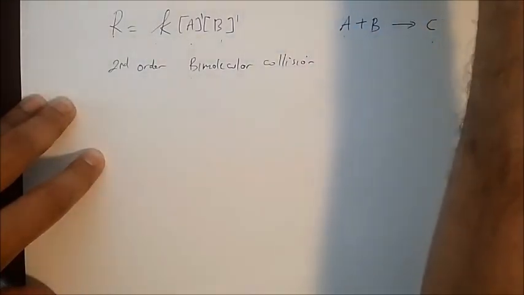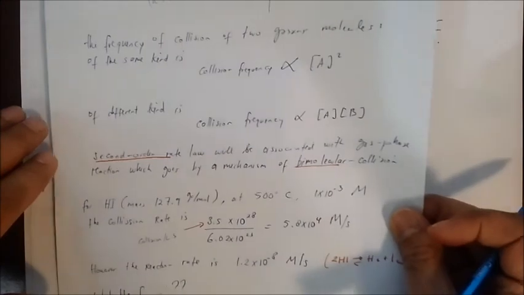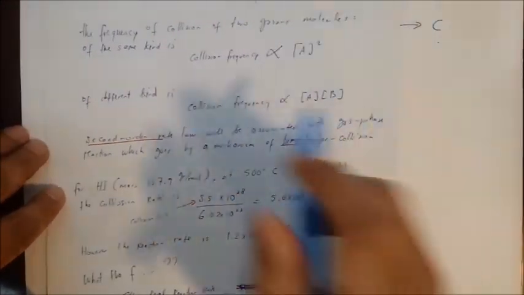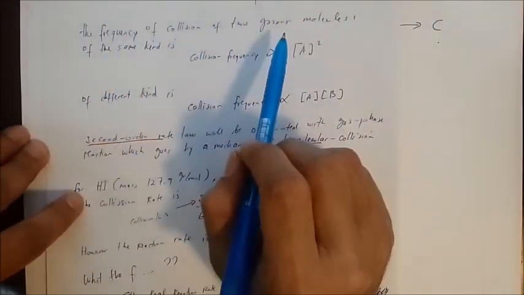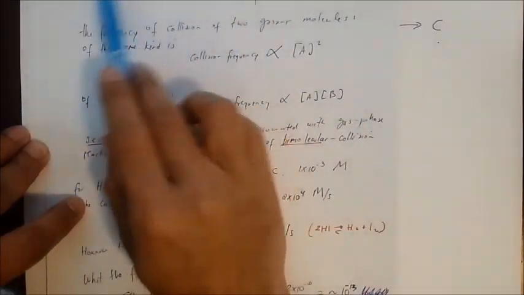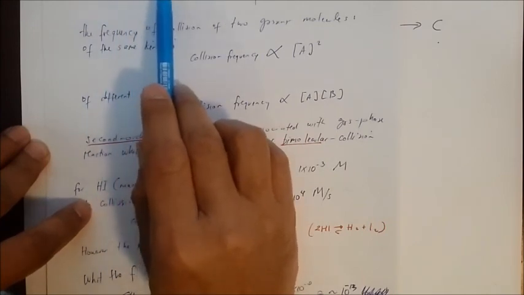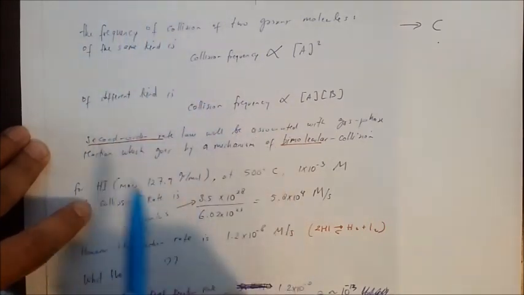As we are talking about collisions, we have established that collision frequency is a function of gas velocities, and this velocity is expressed in this formula as a function of the square root of temperature over the molecular mass.